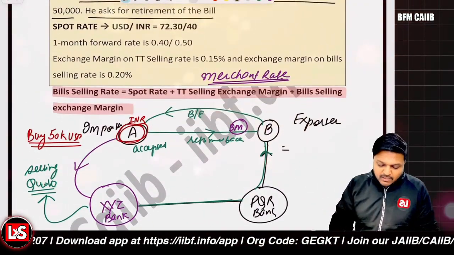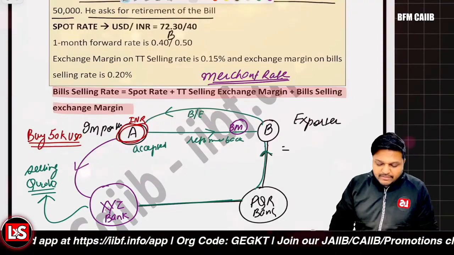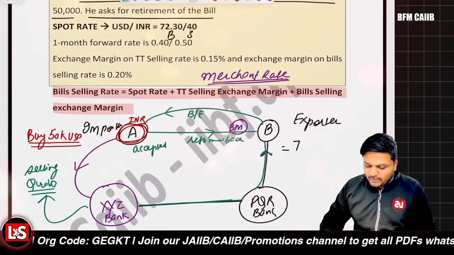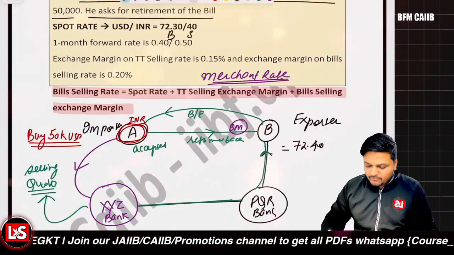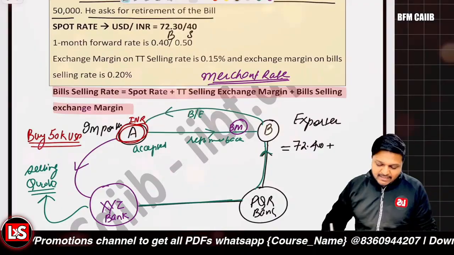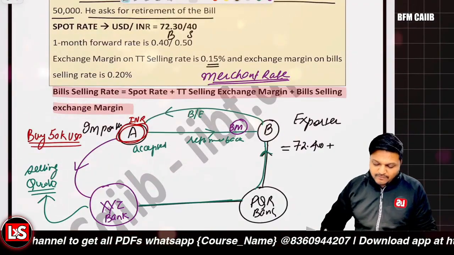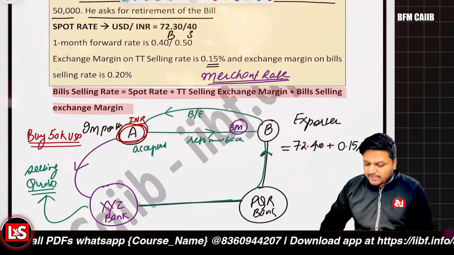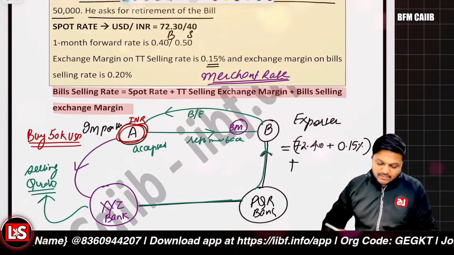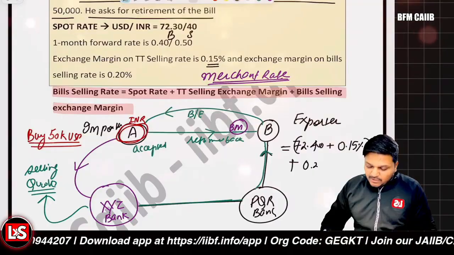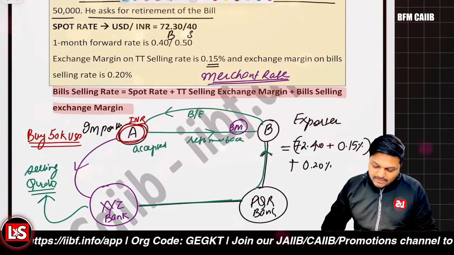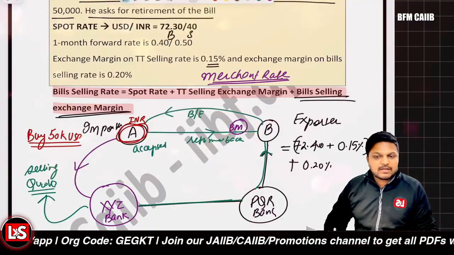Spot rate is given to be 72.30, 72.40. The selling rate is to be considered. So it is 72.40. And first of all, the TT selling exchange margin 0.145% is to be calculated. Keep in mind, first of all, you have to solve this bracket, plus the other one, that is 0.20%, related to the bills selling exchange margin, right?